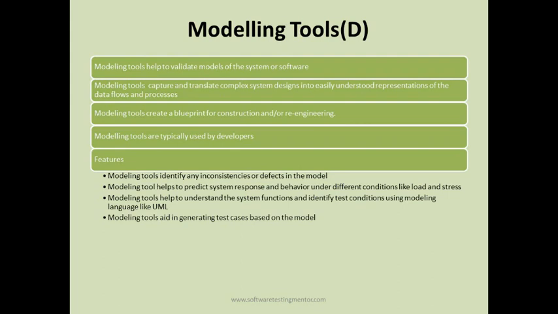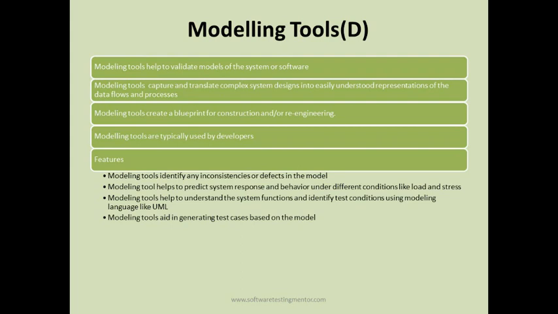Then modeling tools help to understand the system functions and identify test conditions using a modeling language like UML. Most of the tools use UML for modeling. So it helps you to understand system functions and identify the test conditions that can be there in the system. Modeling tools also aid in generating test cases based on the model.